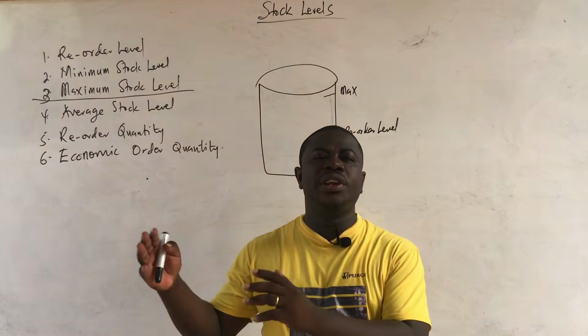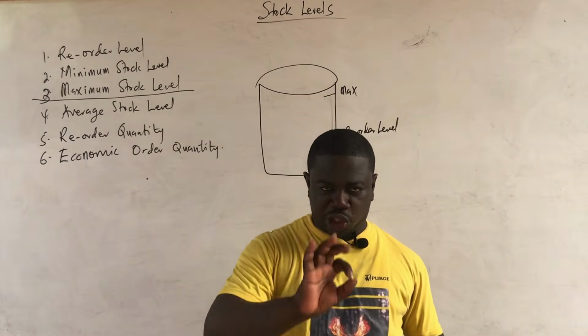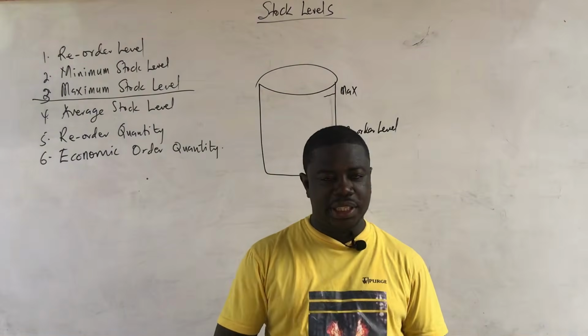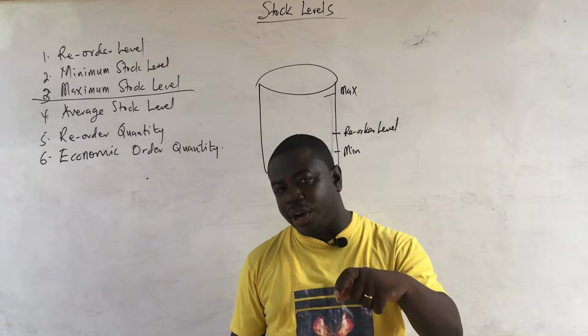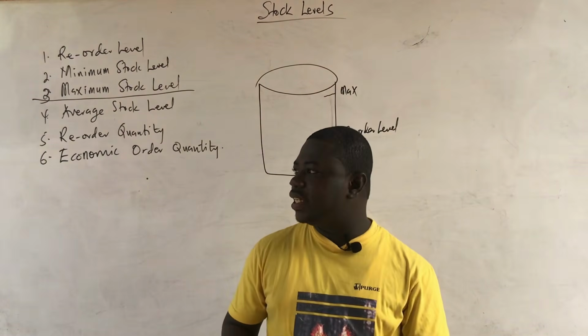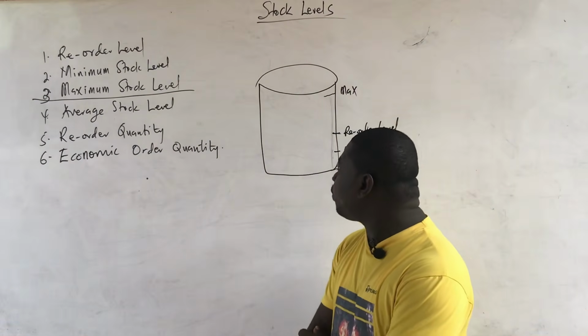So there could be so many reorder quantities, but among all the reorder quantities, which one gave us the least cost? That is what we call the economic order quantity. So the economic order quantity is also the reorder quantity, but it is the reorder quantity that produces the least cost for the organization in terms of cost of ordering and cost of holding. And that is why we call it the economic order quantity.